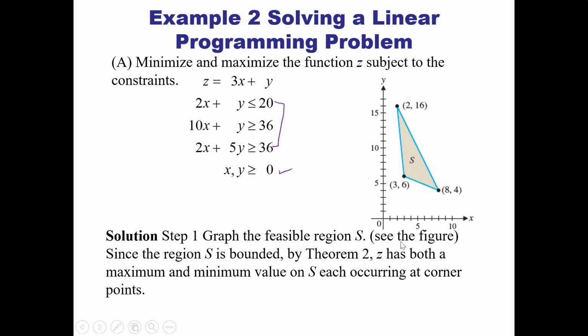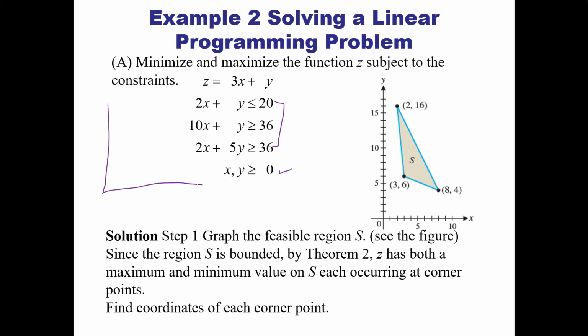So because this is bounded, we can find both a maximum and a minimum value on S, and it's going to occur at one of the corner points. So we have 3 corner points. What we need to do is find the coordinates, and when you do that on your calculator, you're going to have something coming down like this, something coming over like this, and something maybe coming down like this.